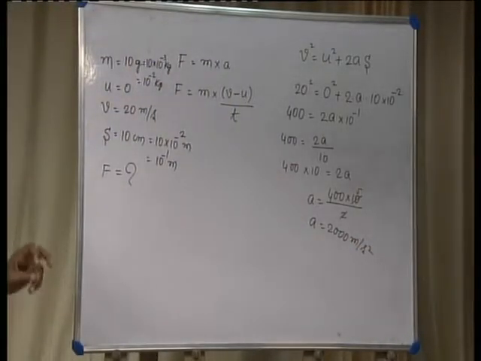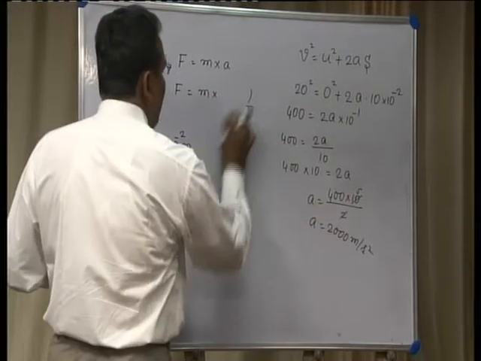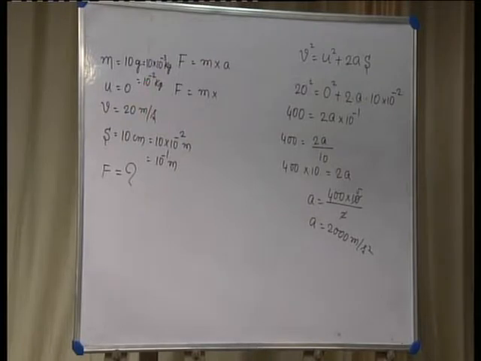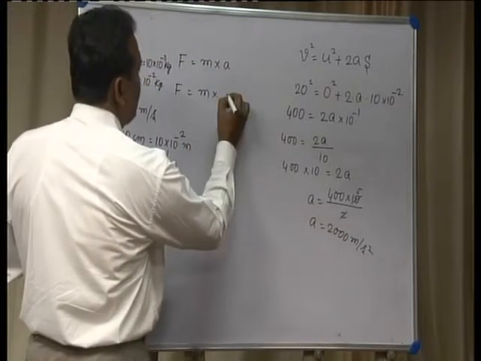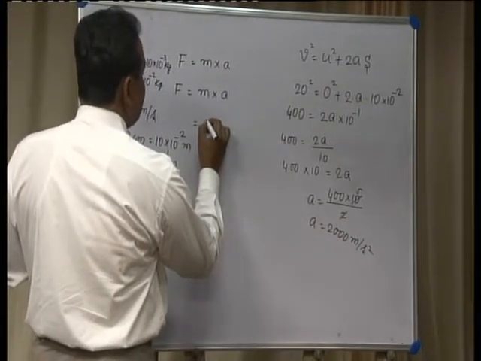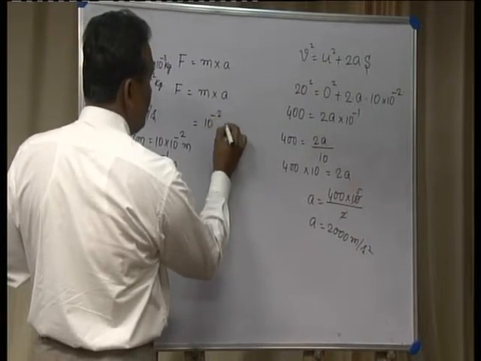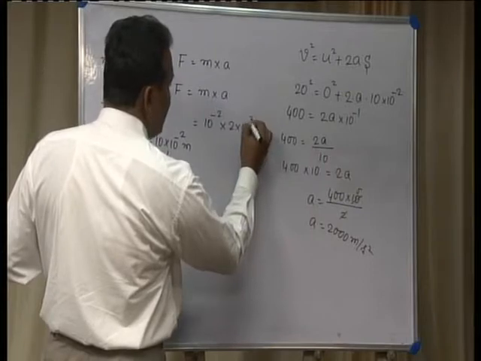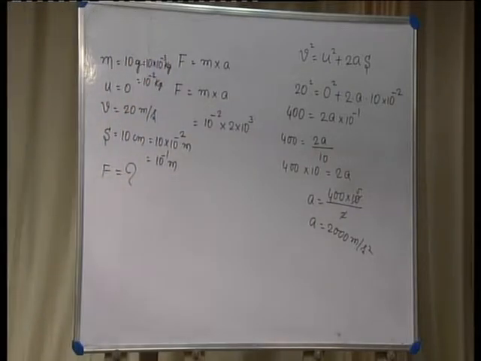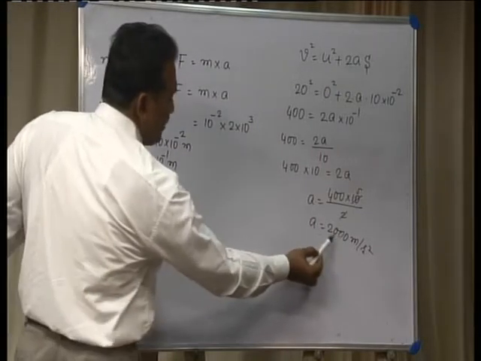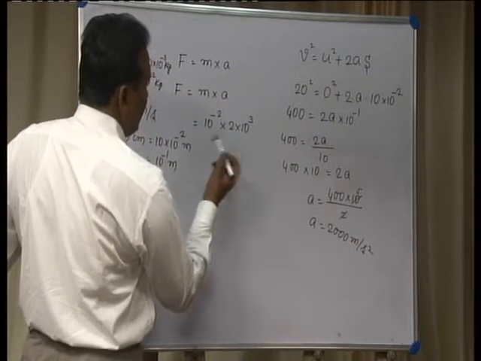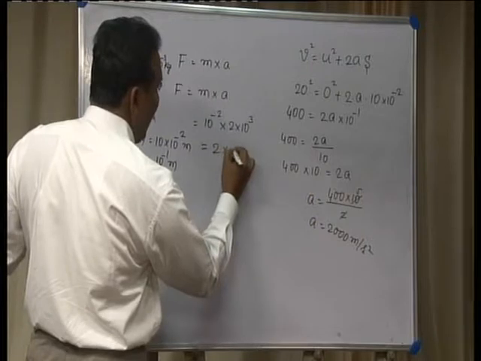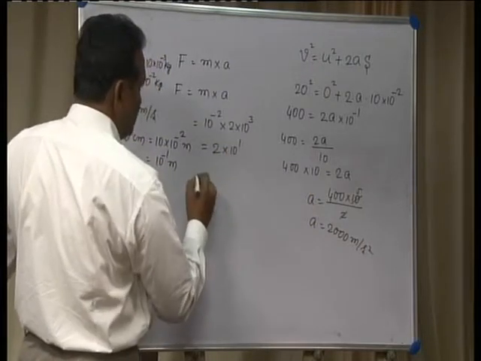Now, since we are getting directly the value of a, there is no need of writing a is equal to v minus u divided by t. So, F is equal to m into a, m is 10 power minus 2, a is 2 into 10 power 3. Is it clear? Instead of writing 2000, I just write 2 into 1000. Once again, bases are same, so powers must be added: minus 2 plus 3 is plus 1.